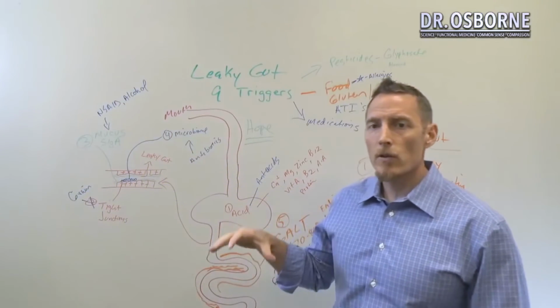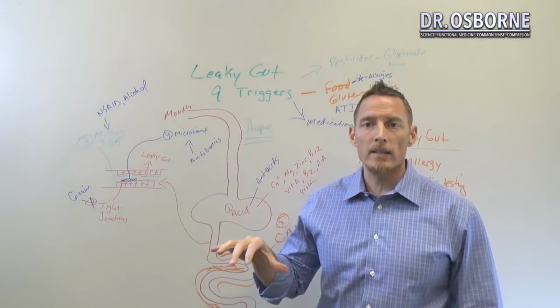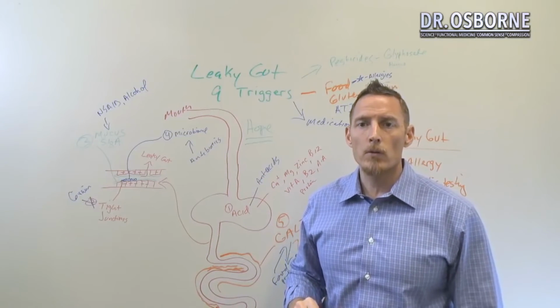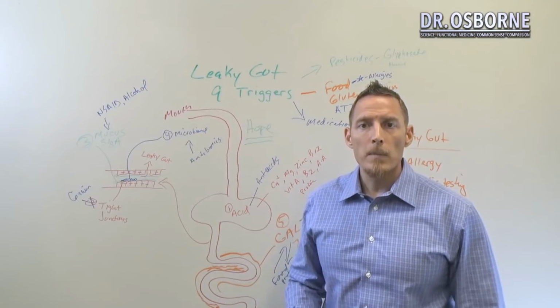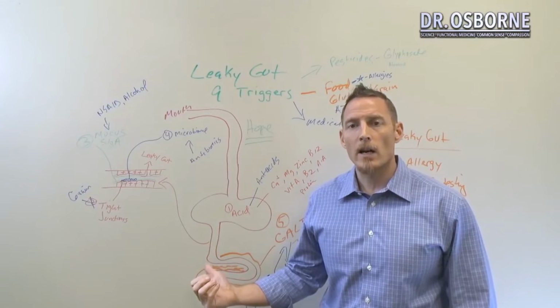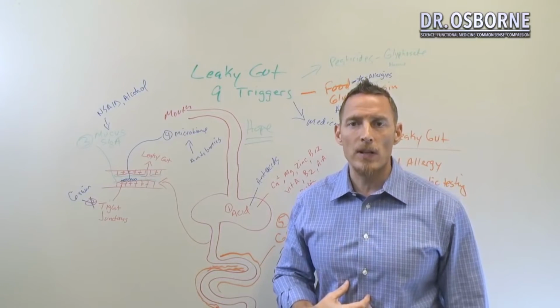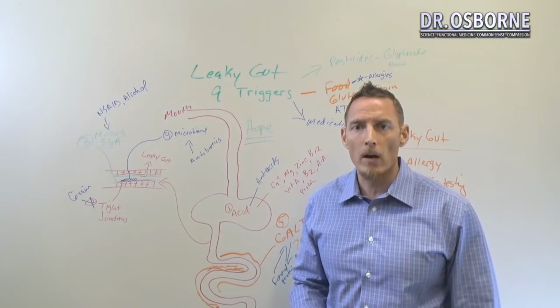So you want to measure food allergens. You want to measure chemicals. I like to measure food additives, and other chemicals that people can be exposed to through the air or through water, because those can also be triggers for leaky gut. You want to rule out infection in the GI tract. You want to make sure the microbiome is intact, so you want a test that can measure the microbiome.